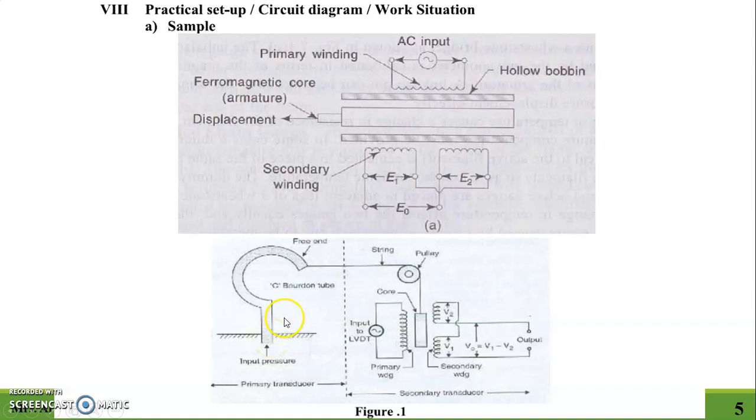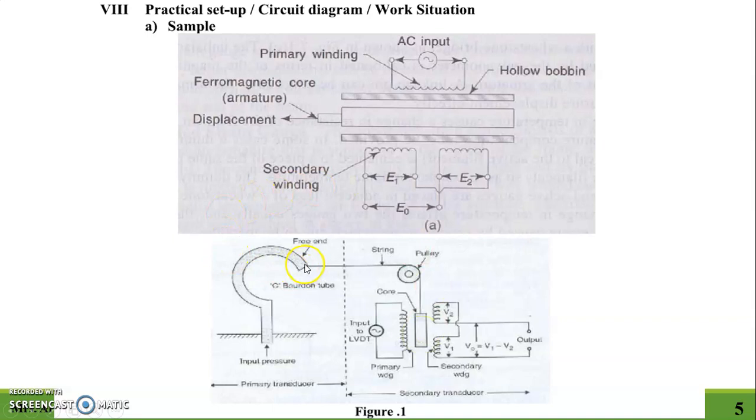As the Bourdon tube is made of elastic material, when pressure is inserted into the tube, it will try to change its shape. This is the free end of the Bourdon tube, and as the pressure is inserted, this end will move from one position to another. With the help of a pulley, it is connected to the core of the LVDT, which is movable between the primary and secondary windings.